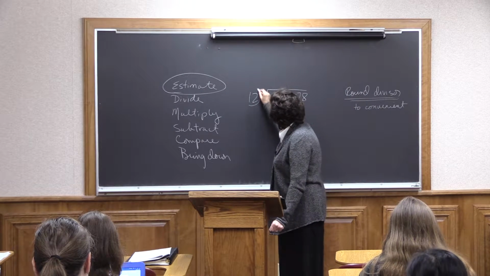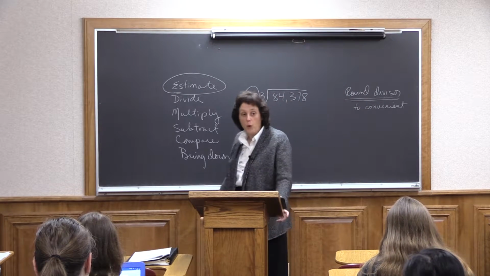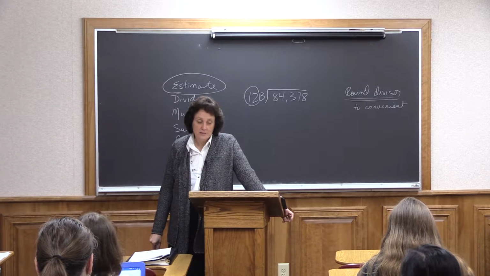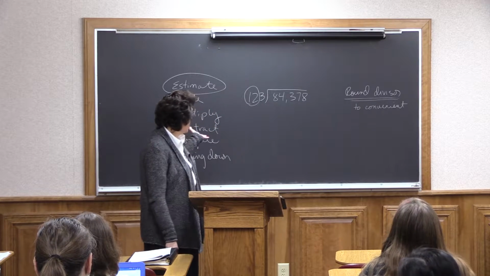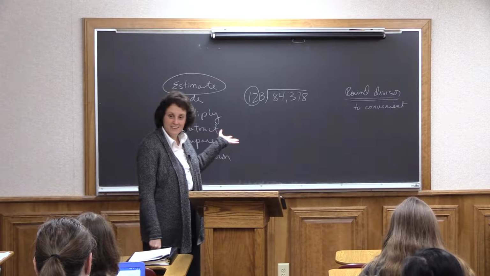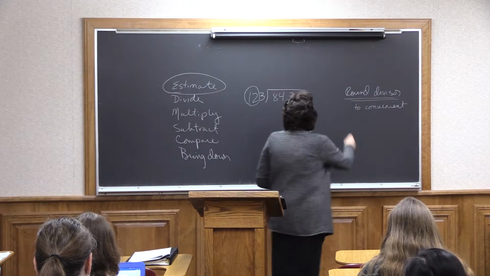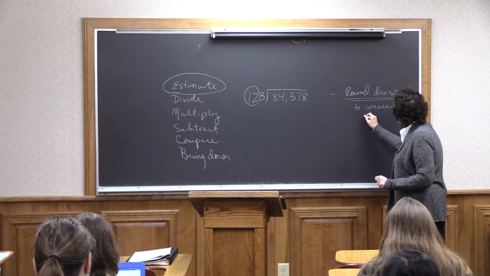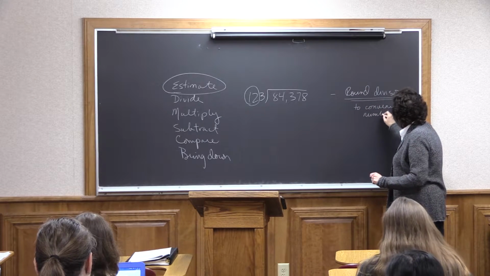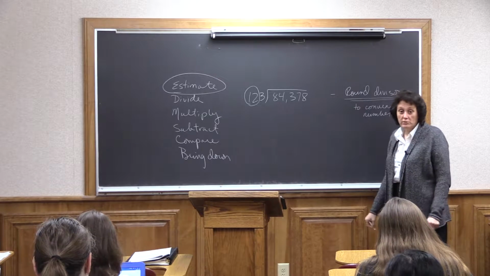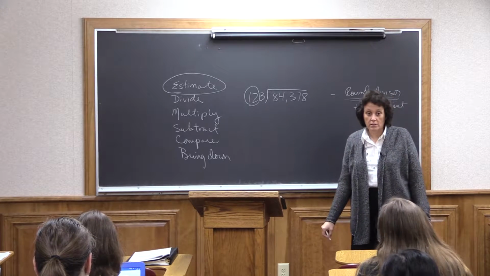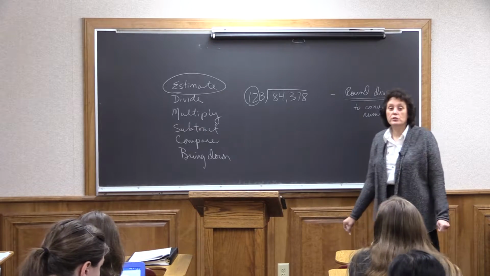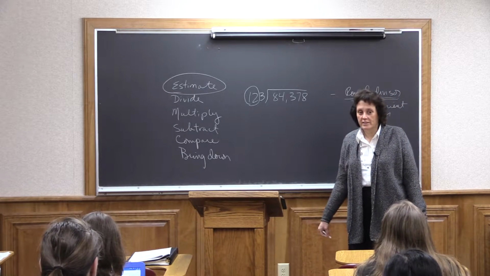This one, it's convenient to use 12 in the estimate, not 1. Okay, so we will round the divisor to a convenient number. You might be able to round it to 12. All right. You might sometimes be able to round it to 25.